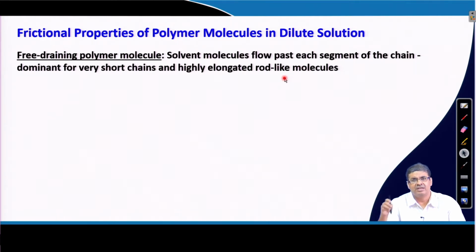If I have a rod-like polymer structure or very short polymer structure, then it basically flows through the solvent without interacting too much with the solvent molecule. So, solvent molecules flow past each segment of the chain, and this behavior dominates for the very short chain and highly elongated rod-like molecules.